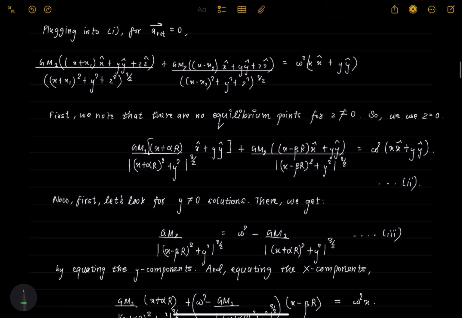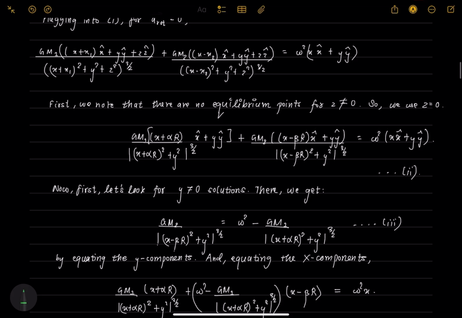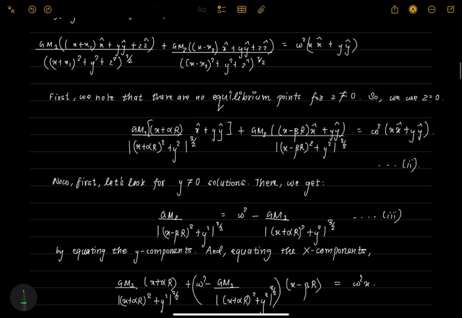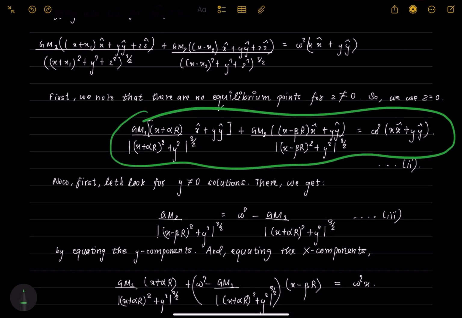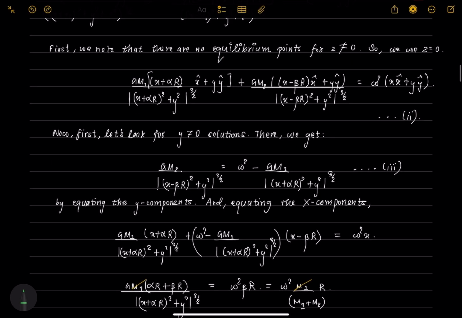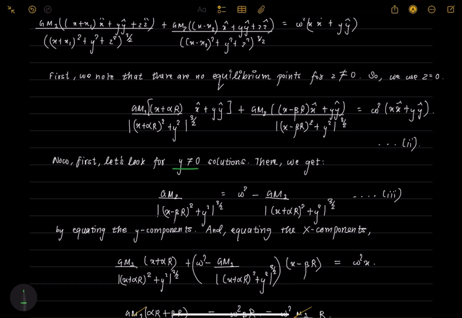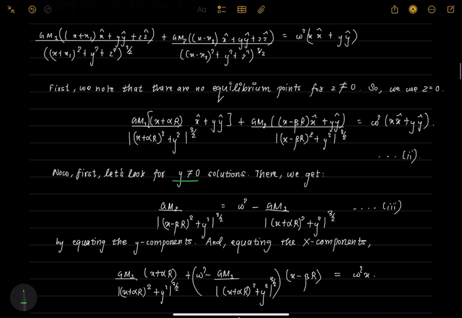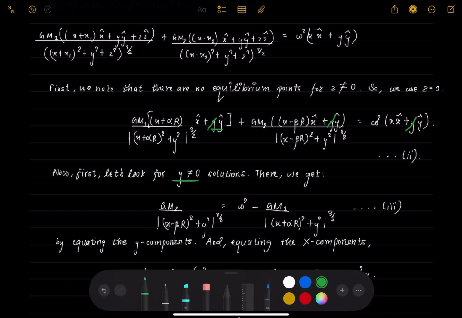We're going to have to equate the components first, right? We're going to have to equate the corresponding x and y components. So this is the particular equation that we're wishing to solve. So first, let's look for solutions which do not exist along the y-axis. If they do not exist on the y-axis, we can equate the y components and we can cancel the y's, as you can see directly from equation 2.